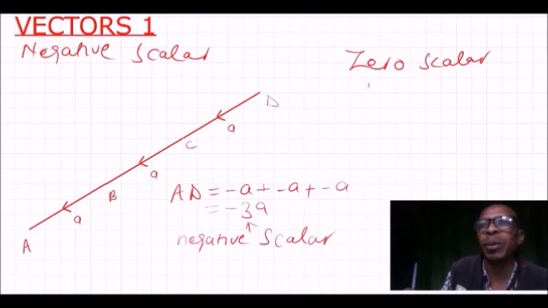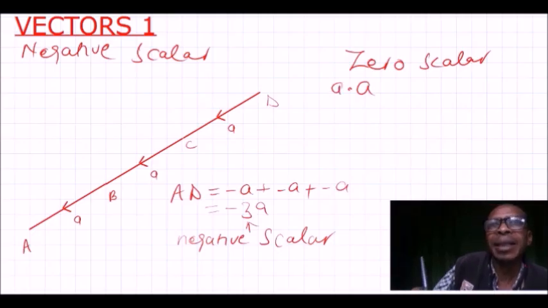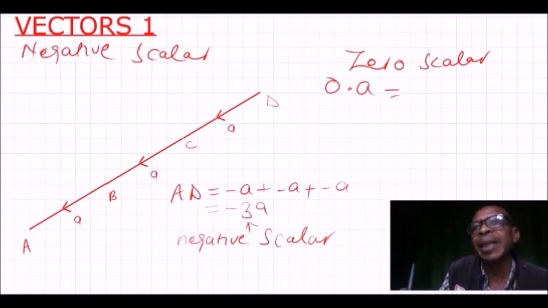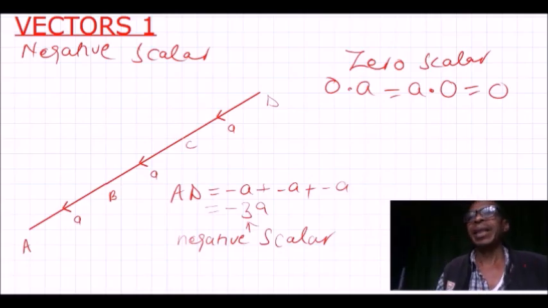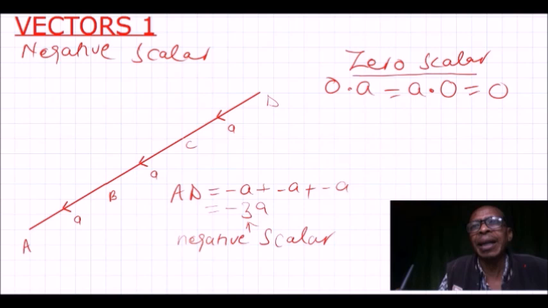So A multiplied by 0 is equal to 0. When you multiply a vector by 0, that is when we have the zero scalar.